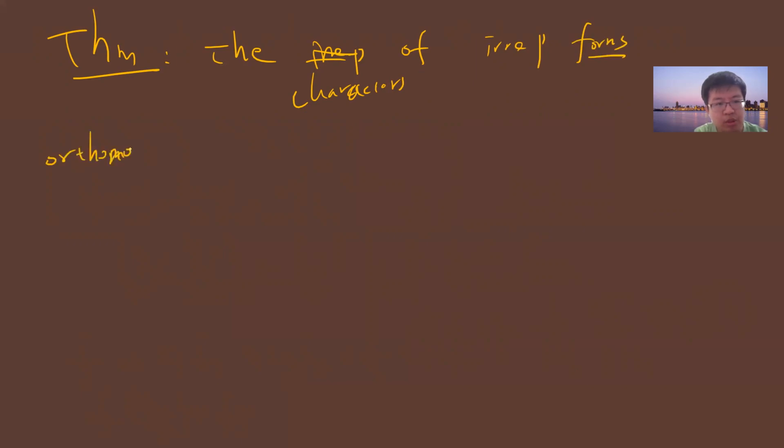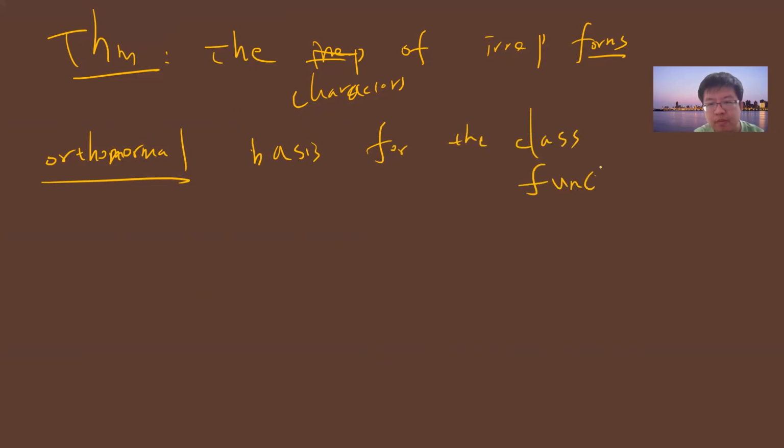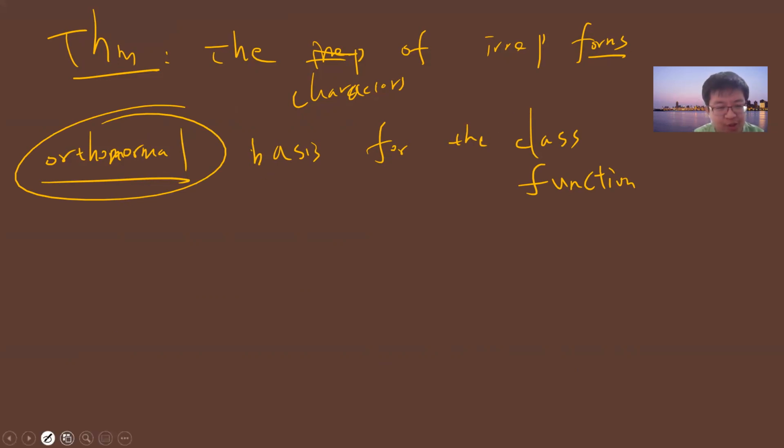This is the meat of the theorem. Obviously they are already orthonormal, because we already proved that. So the non-trivial part is the word basis. Our goal is to show that.